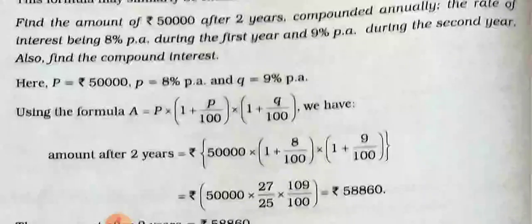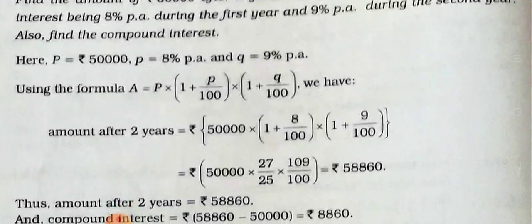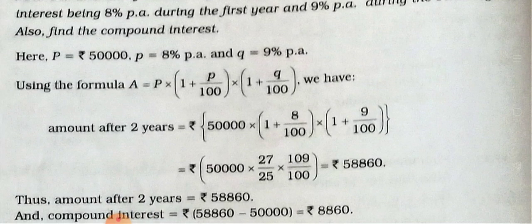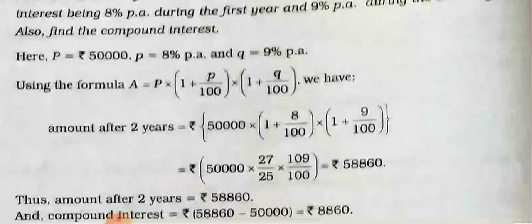So you can see here, students, that the principal is 50,000 and the first rate of interest is 8% and for the second year it is 9%. So we will use that formula, that is amount A is equal to P into 1 plus P by 100 into 1 plus Q by 100. So we have the amount after 2 years will be 50,000 multiplied by 1 plus 8 by 100 multiplied by 1 plus 9 by 100.